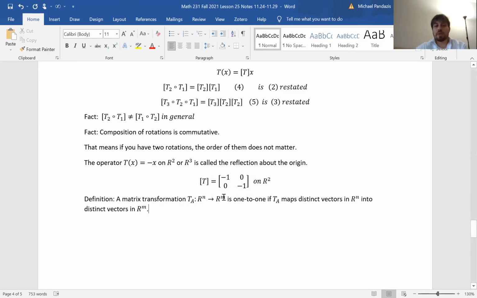Okay, so a matrix transformation is 1-to-1 if it maps distinct vectors in Rn into distinct vectors in Rm, meaning it can't map 2 different vectors to the same vector. That would be a 1-to-1 matrix transformation.